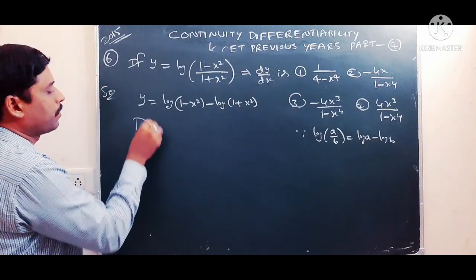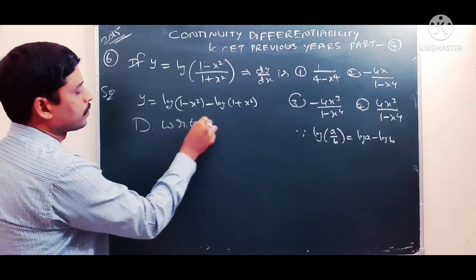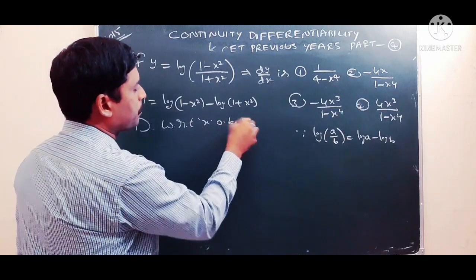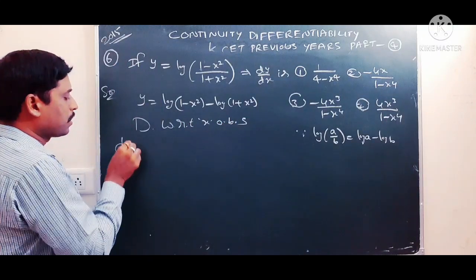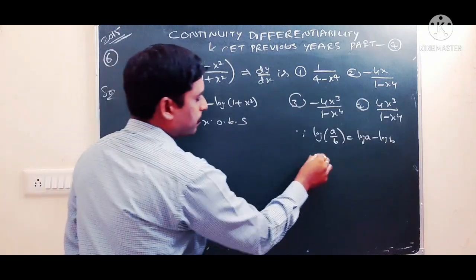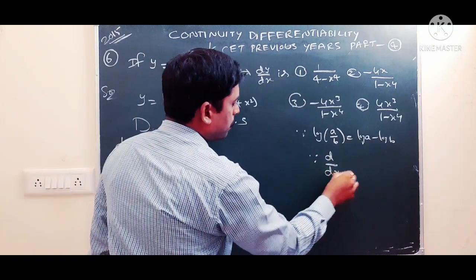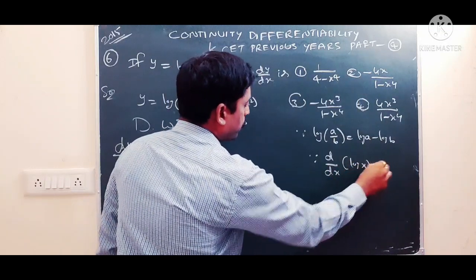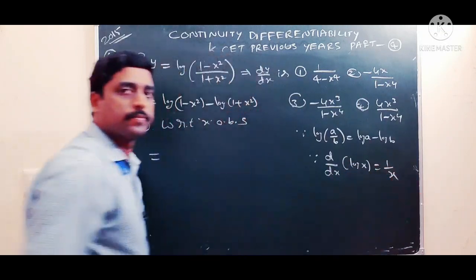Now applying derivative on both sides with respect to x. So dy by dx is equal to derivative of log function. Derivative of log x is 1 by x.